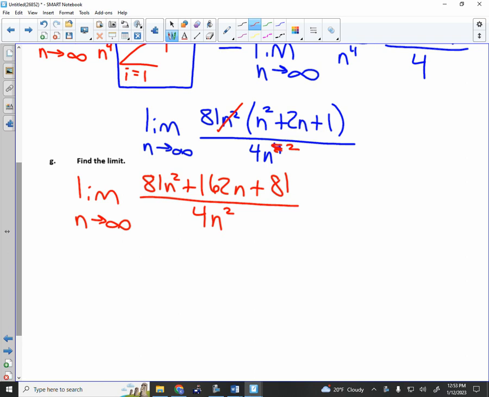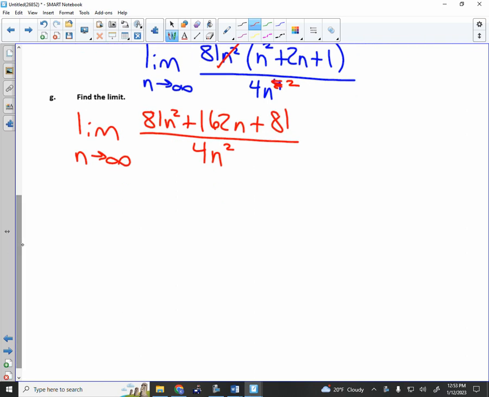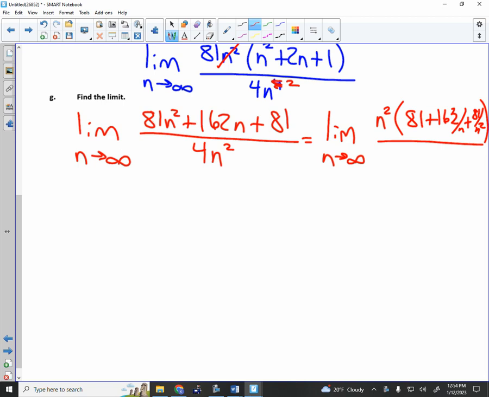How is it that we evaluate an infinite limit? What do you factor out of the top? Yeah, limit as n goes to infinity. Factor out that n squared. And what are you left with? All over 4n squared, however you want to write it.